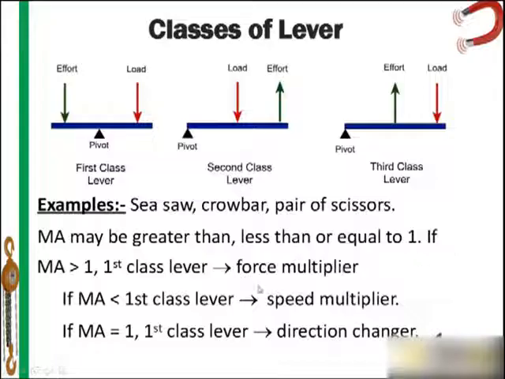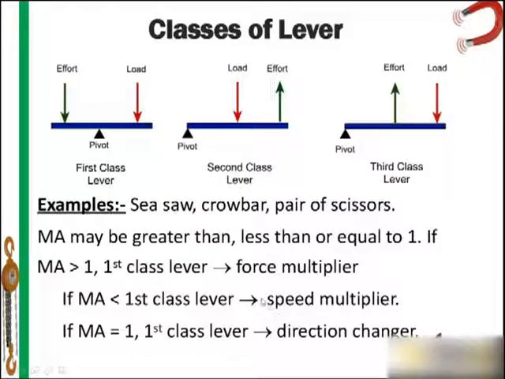This is important because if the mechanical advantage is greater than 1, then we have a force multiplier, because you're effectively increasing the force by the application of the lever. If the mechanical advantage is less than 1, then we have a speed multiplier.